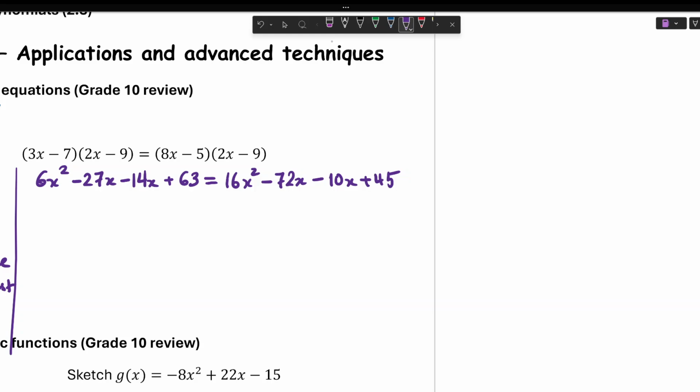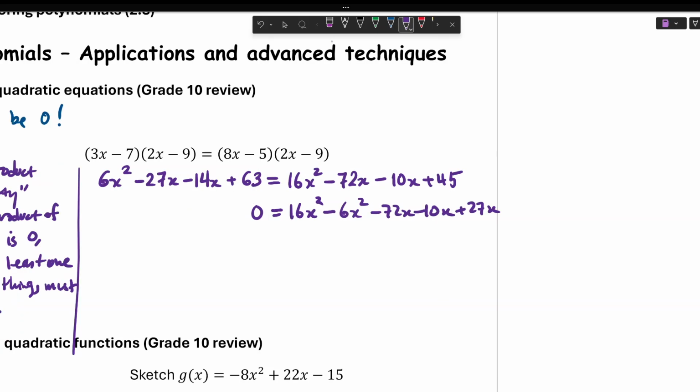Now that we have this, we're going to put everything on one side. So we're going to subtract 6x squared. We're going to add 27x. We're going to add 14x.